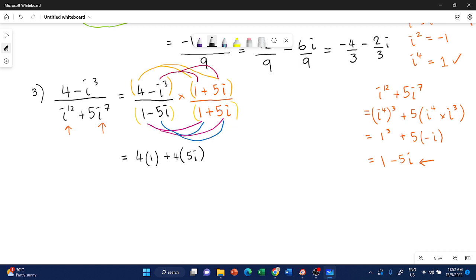And then the next is i power 3 times 1, i power 3 times 5i. Let's see here, i power 3.